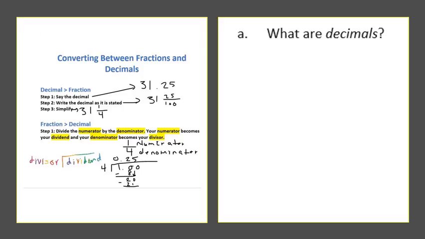So now I want you to think about a few questions that are super important to what we're working on. What are decimals? What would you consider to be decimals? I'm going to give you a brief moment to answer before I explain what the answer is.